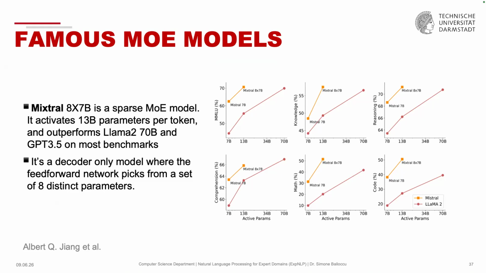But keep in mind that the total would not be 8 times 7, because some parameters are shared. For example, the self-attention parameters and the embeddings are shared. So the total would be lower than 56 billion, and the total is in fact near 47, I think.